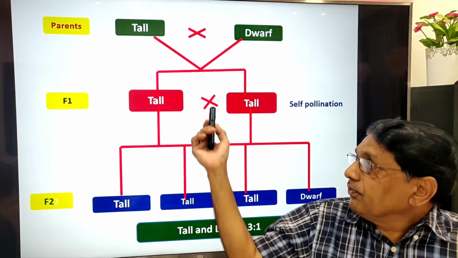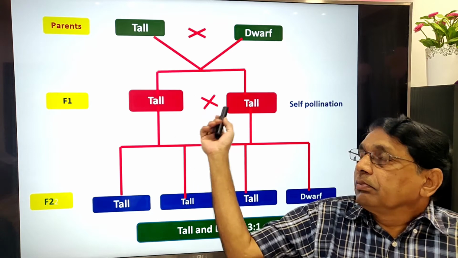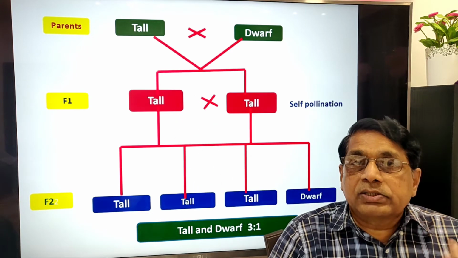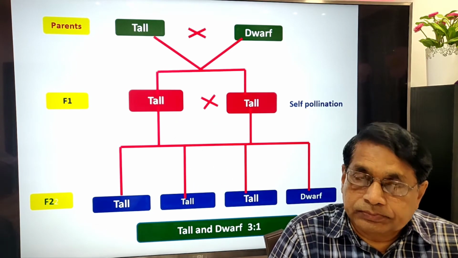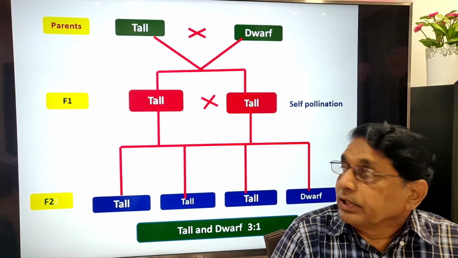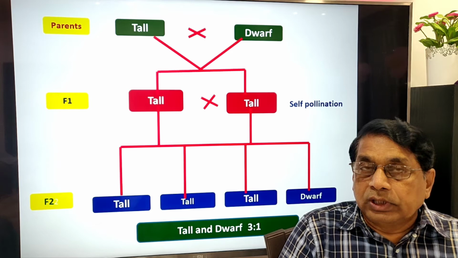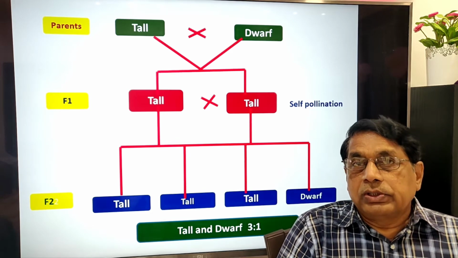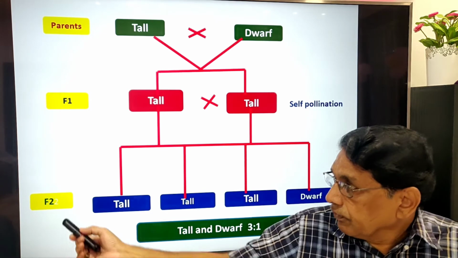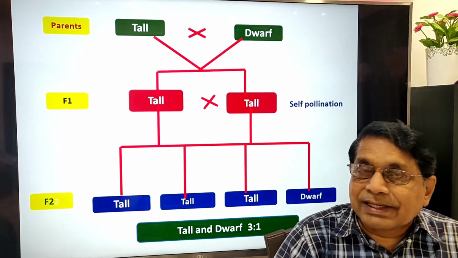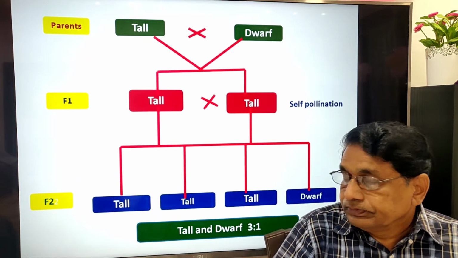He made self-pollination between the tall plants of the F1 generation. So that gives rise to the next generation, the F2 generation, the second filial generation.